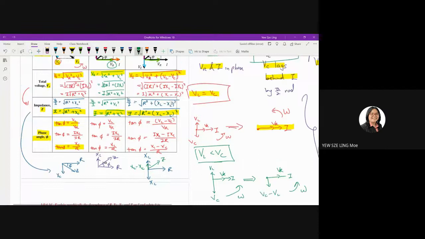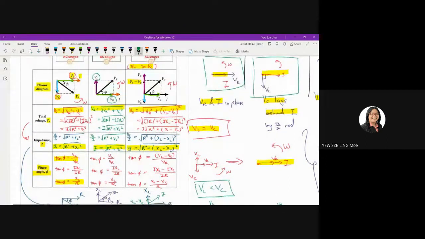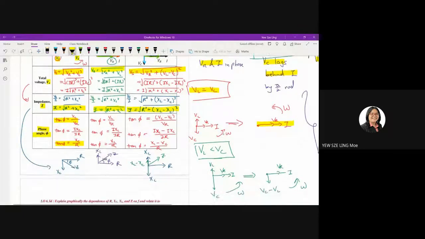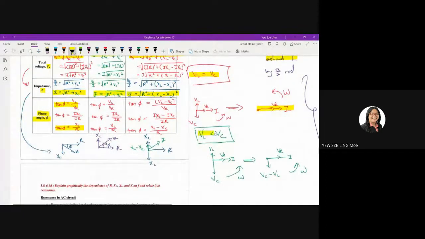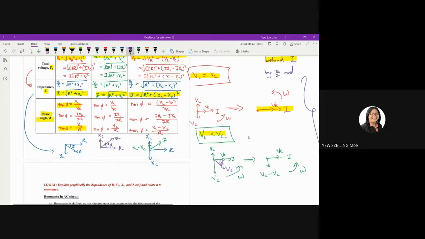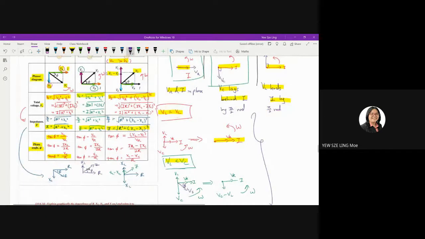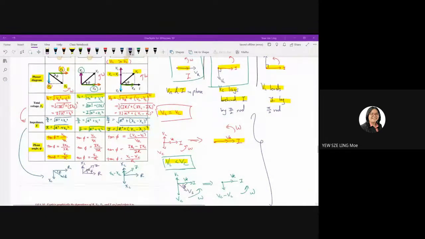If your VL is larger than VC, then yes, the diagram right here is correct. Your VS is in the first quadrant. But when you have VL less than VC, then your Z will be in the fourth quadrant. Your VS will be in the fourth quadrant. So that is the difference. That's why I told you you have to be careful with the values of VL and VC.